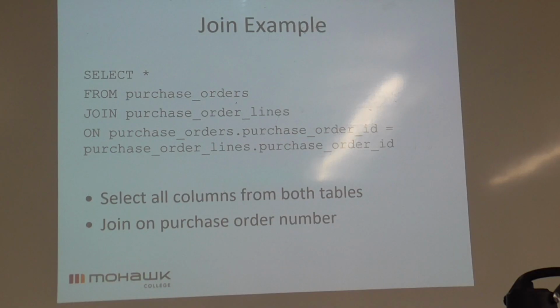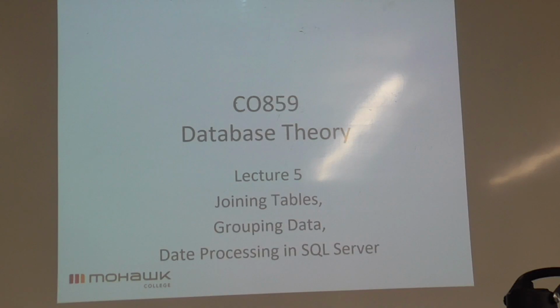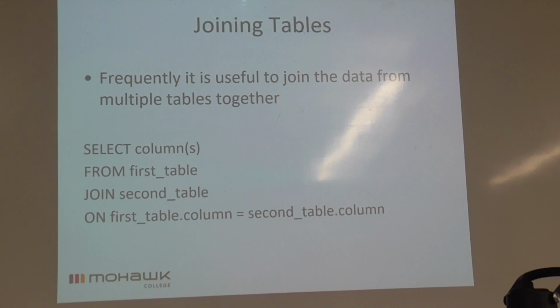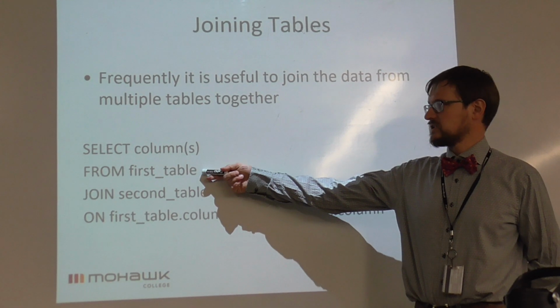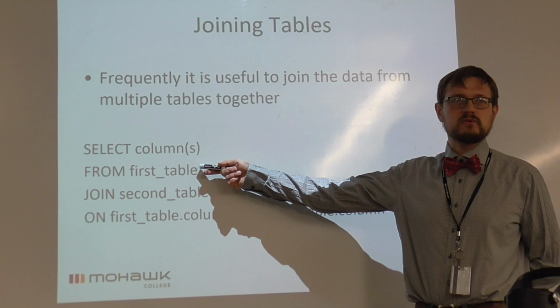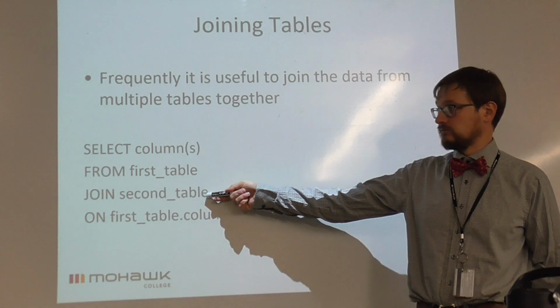So, this is your basic join syntax. If we imagine we have 2 tables, right? One is the first table, the table that we are joining the other one to. The other is the table that we are joining, table 1, table 2.